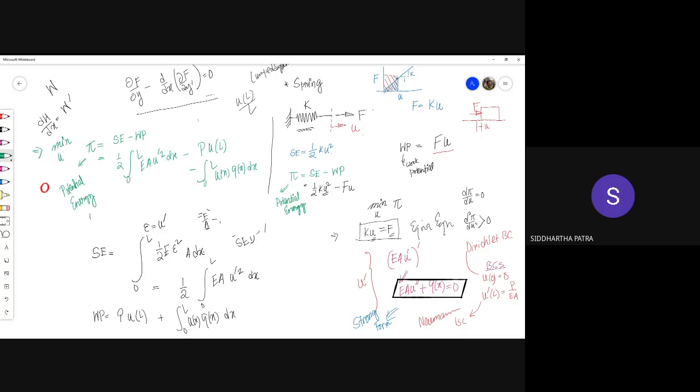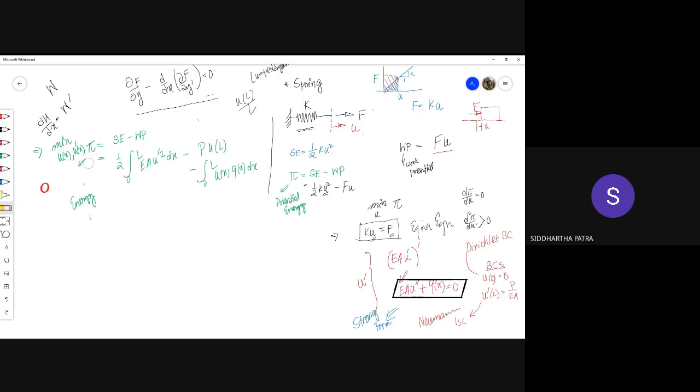So we need to minimize pi with respect to u and u prime. Now, does this expression look familiar? All I'm saying is, does this operation of minimization of a definite integral look familiar? Yes, sir. It is actually minimization of a functional.